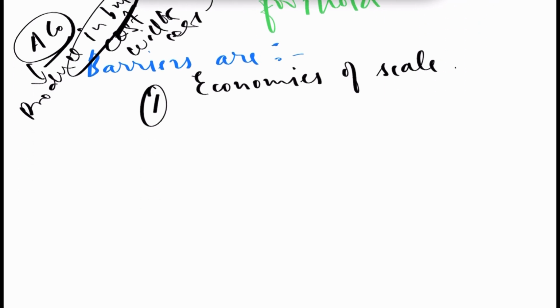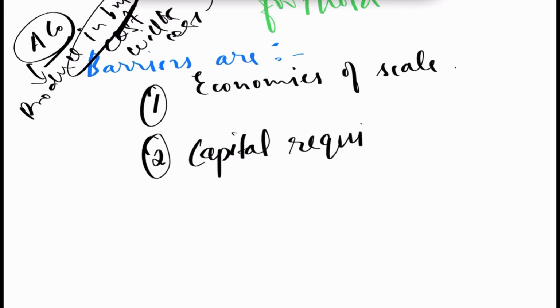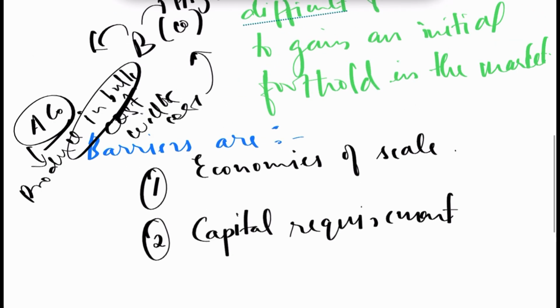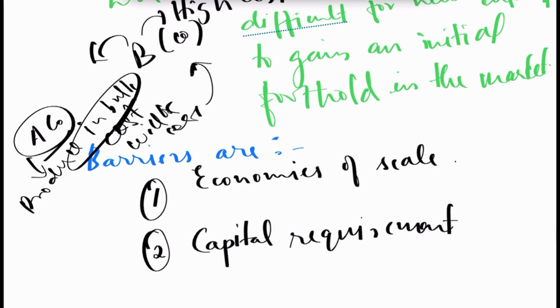Okay, then second is capital requirement. So few industries are there which require heavy capital. Like as we said here, A company is producing in bulk, so the cost is reduced.